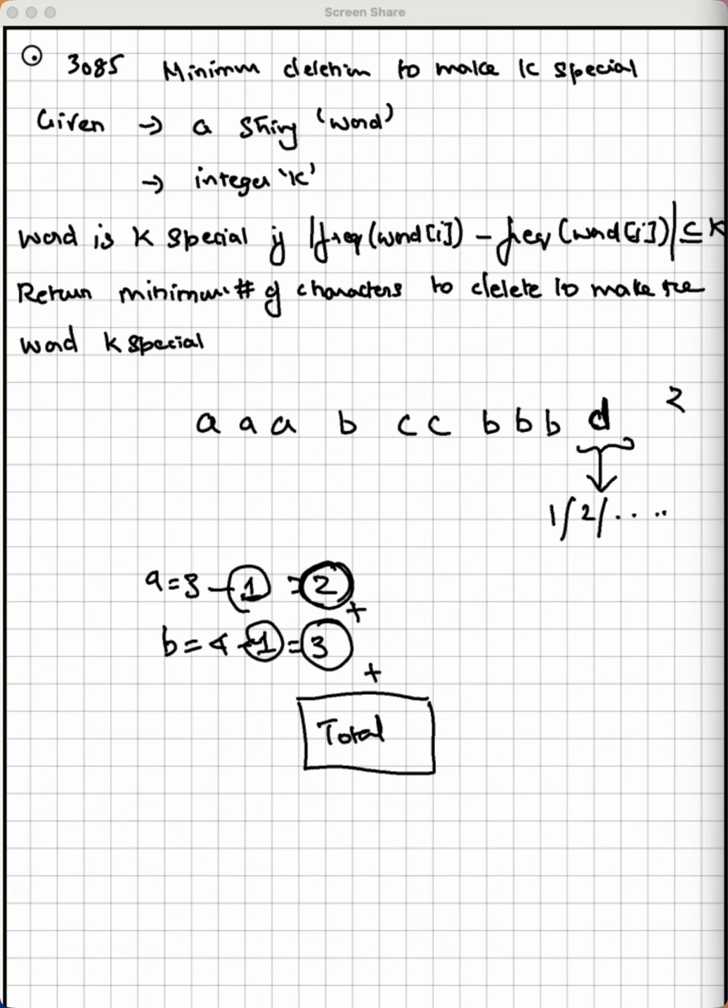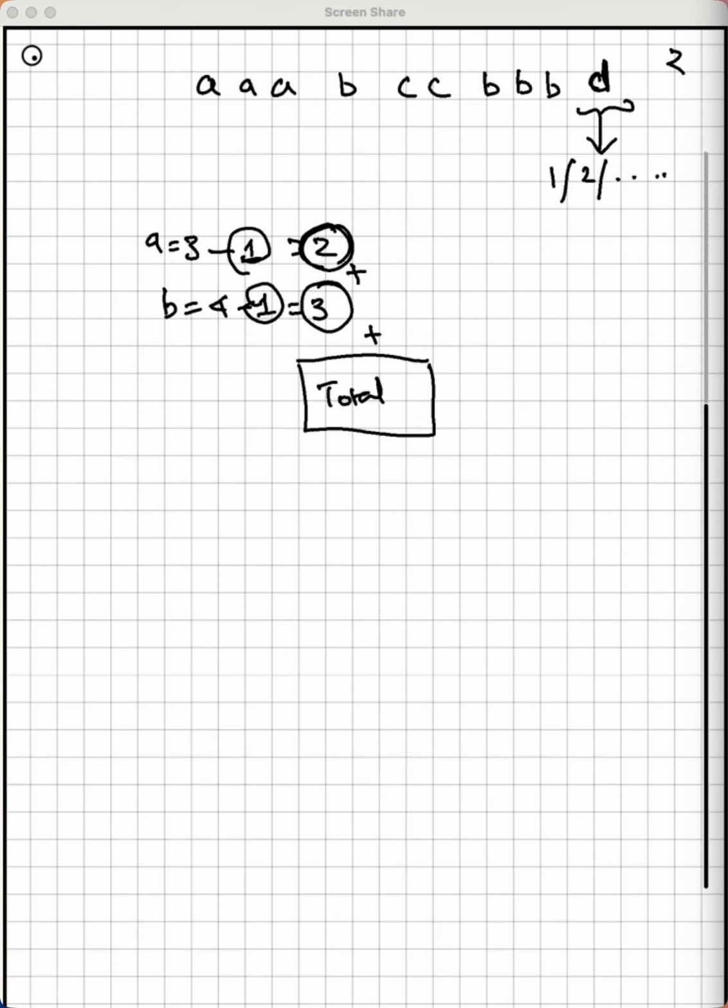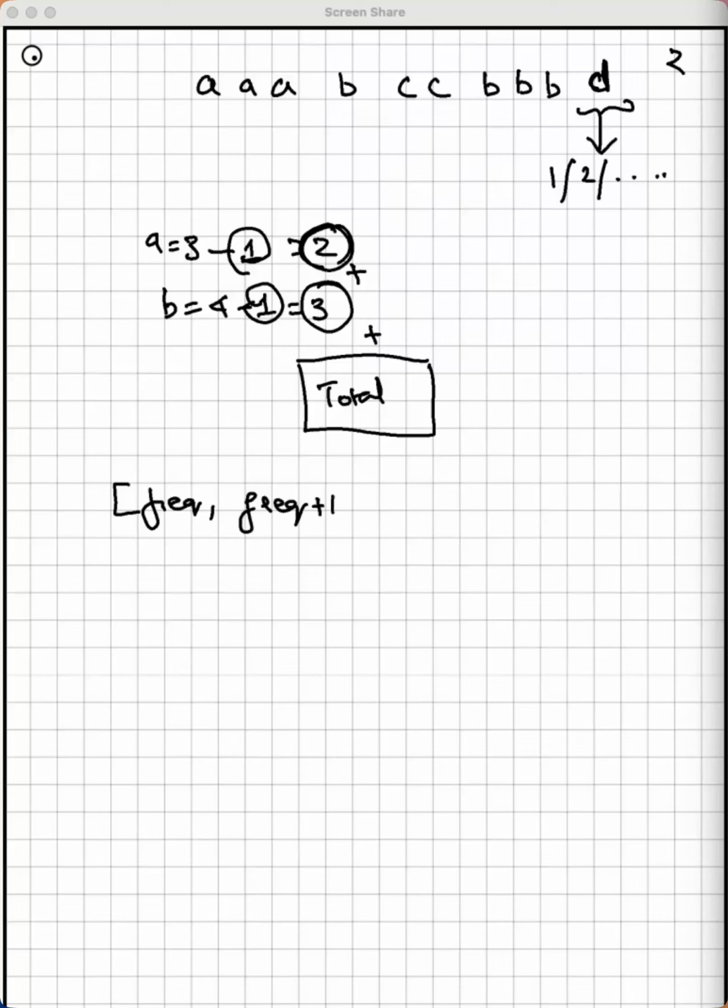But the problem is slightly different than this, right? First of all, we are not looking to get the same frequency. We are looking to get the frequency in the range of k. So let's say if there is a particular frequency, the capacity that we have is frequency plus k.